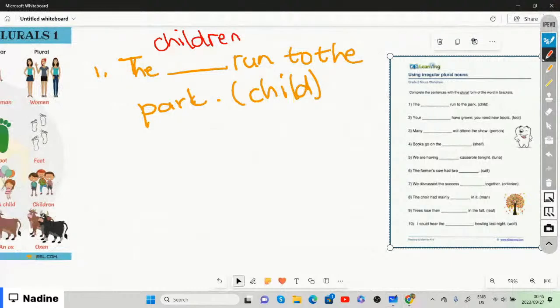So the children run to the park. It shows child as the singular form, but once we show the plural form, it becomes children.